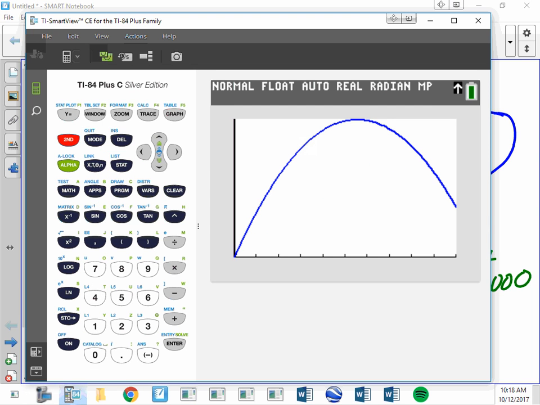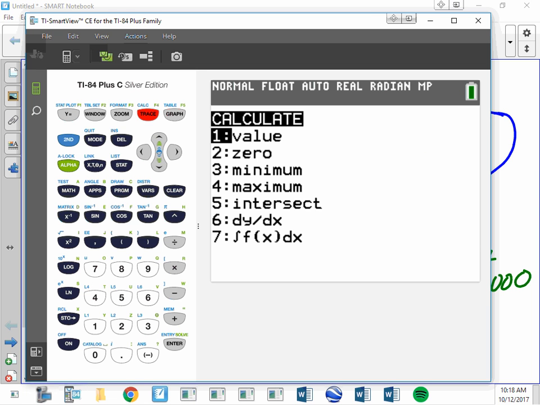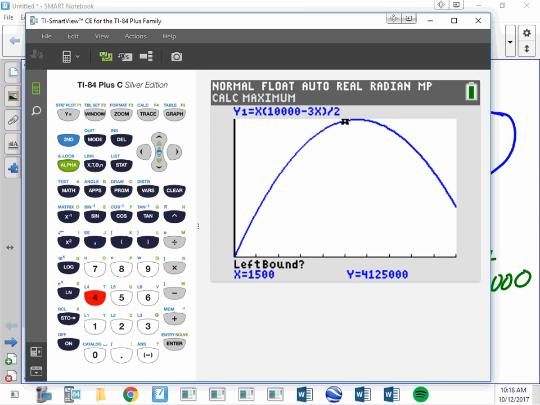So, second calc, maximum from 1,000 to 2,000. And I'm going to guess 1666. And it is 1666. Okay.